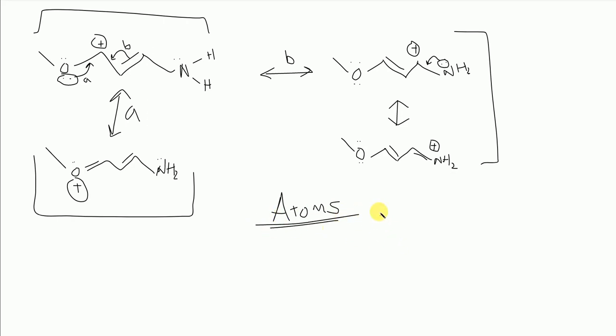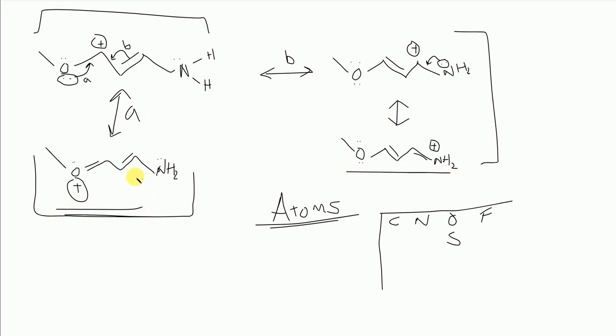We look at their electronegativity. So here's my crappy periodic table, and let's say I have carbon over here, nitrogen, oxygen, fluorine, sulfur, whatever.